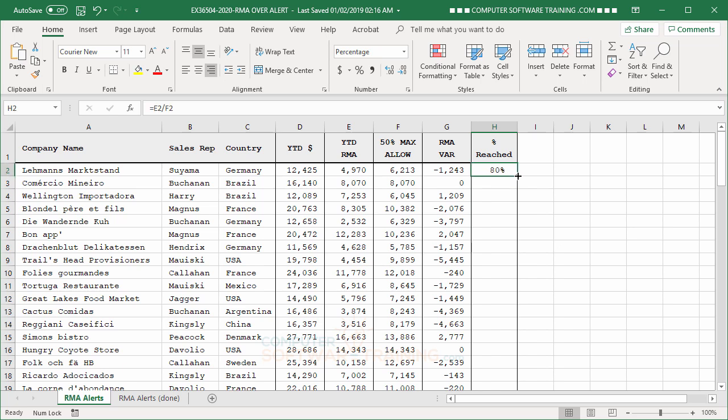So we'll go ahead and copy that down, and as you can see, especially with this second one here, they've reached it. They have nothing left. Look at this one. This one went over. They've exceeded their allowance because they're at 12,000 and their allowance is like 10,000, so they were 120%. So it's a good little tool to know how to work here.